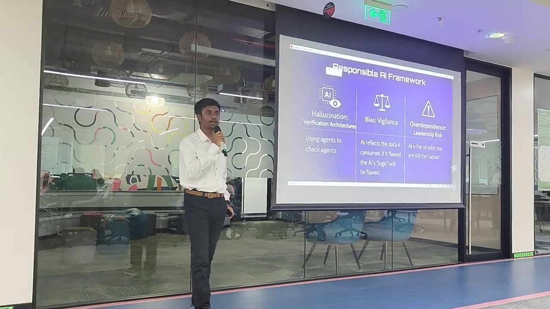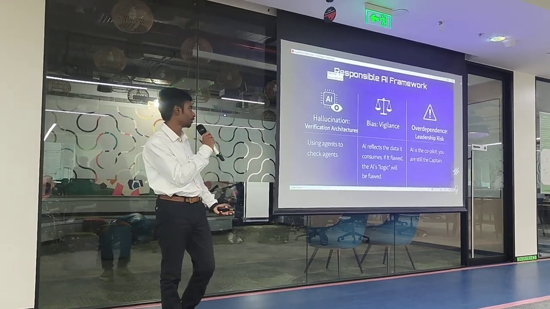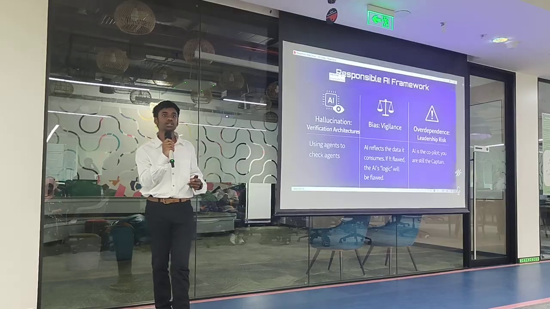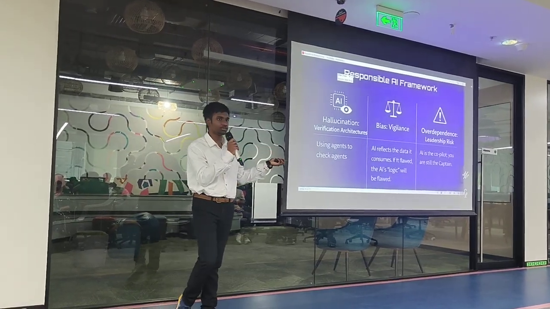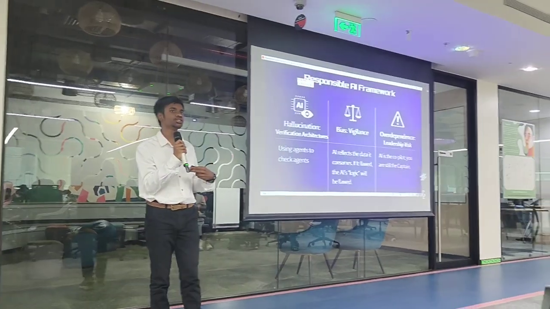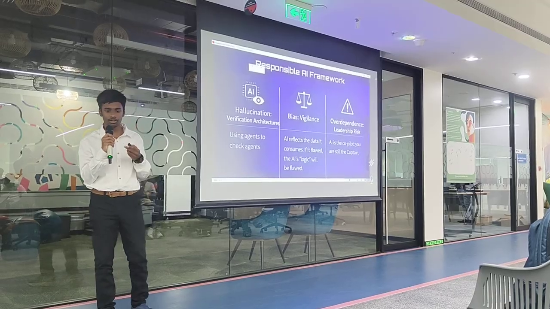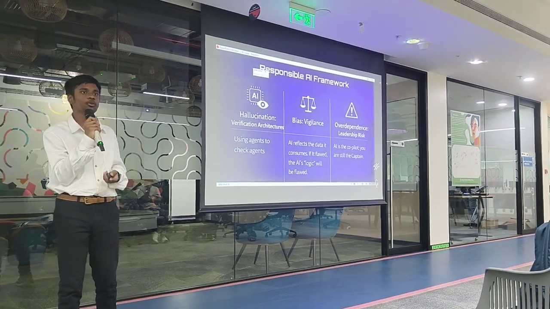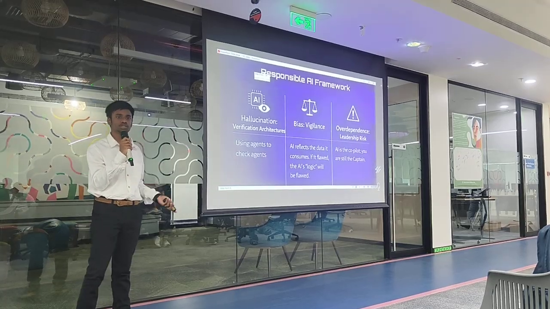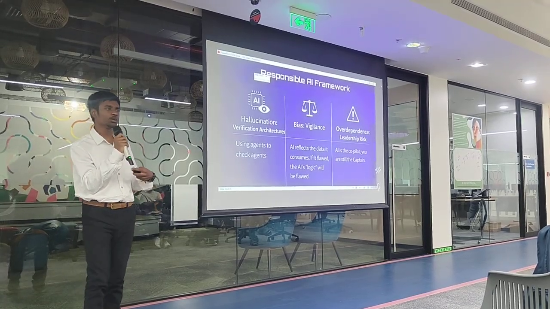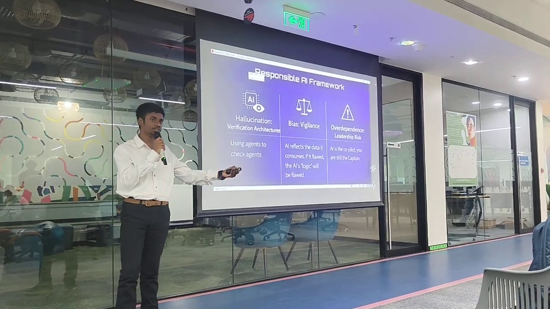Now, coming to AI, we must all be responsible and have some ethical guidelines regarding it. Three of the major challenges that companies usually face are, firstly, hallucination. Hallucination is a really common issue and it has to be mitigated before going to production environments. There are multiple ways that we handle hallucination. Some of the most common ones are, firstly, verification architectures, where one agent checks the other agent.